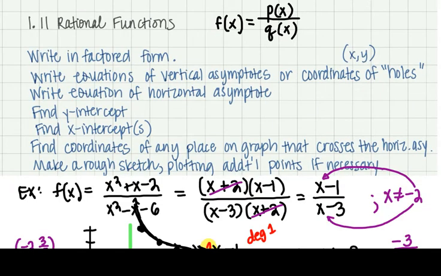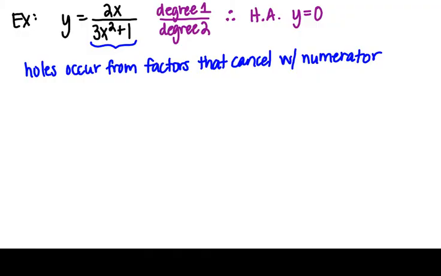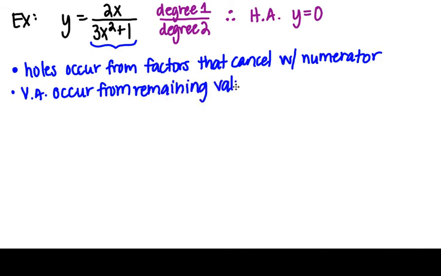So in this example right here, we had x plus 2 canceling out with x plus 2. That meant that x equals negative 2 became a hole. We don't have any common factors here. So holes occur from factors that cancel with the numerator. Vertical asymptotes occur from remaining values that did not cancel, that make the denominator equal to 0.